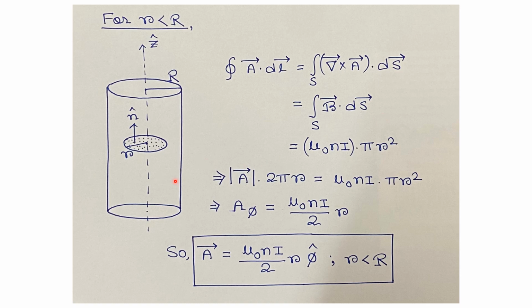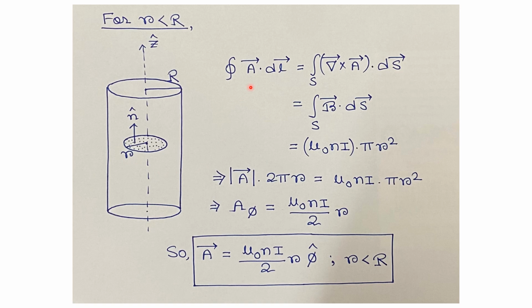So it can be written as the surface integral of the B vector. Now inside the solenoid the magnetic field is constant, and that is mu naught N I. So we can easily calculate this surface integral as mu naught N I multiplied by pi r square, where pi r square is the area of the circular region. And also from symmetry considerations the vector potential will be the same along the boundary.